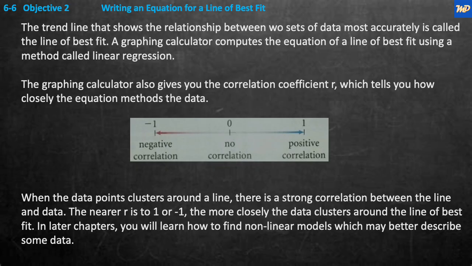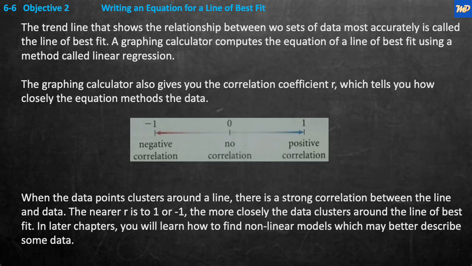Okay, objective 2, writing an equation for a line of best fit. So we're going to talk about it a little bit first before we do one. The trend line that shows the relationship between two sets of data most accurately is called the line of best fit. A graphing calculator, like a TI-84, computes the equation of the line of best fit using a method called linear regression.